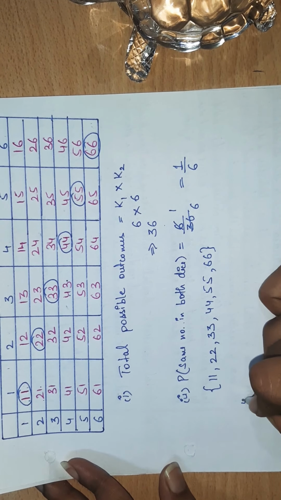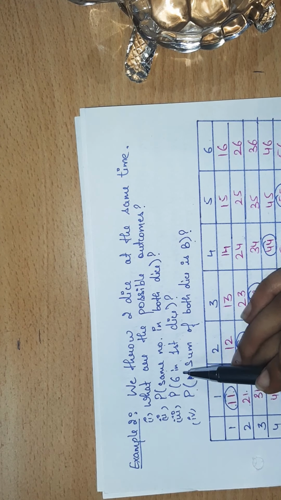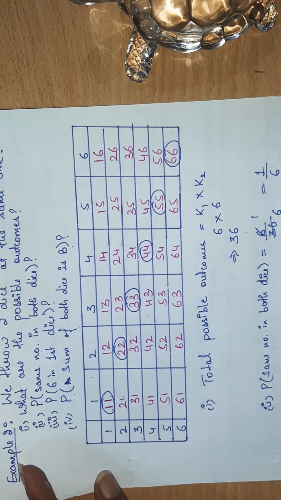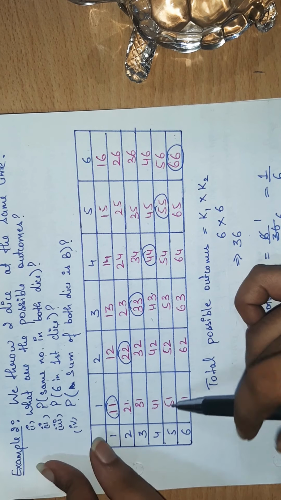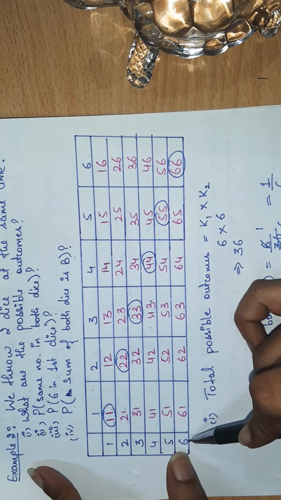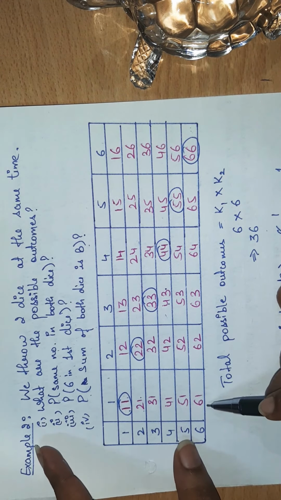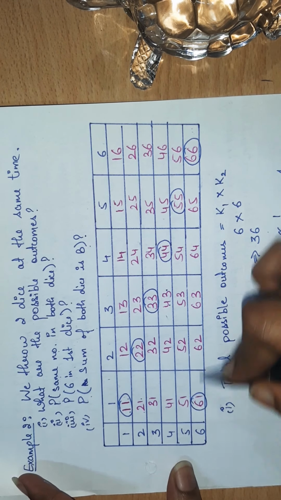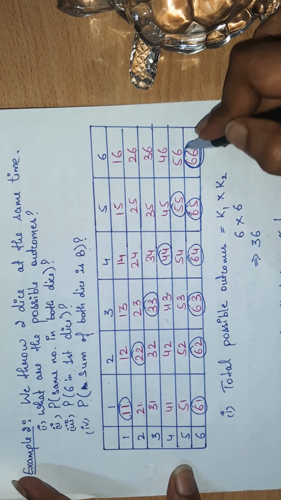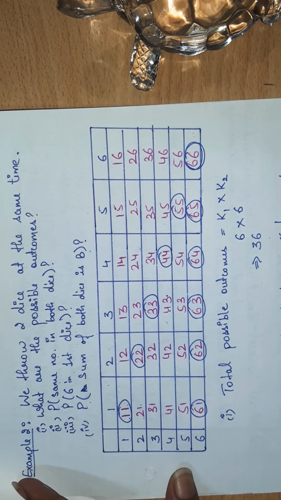So let's move to part 3 of this example, which is probability of occurring 6 in first dice. In the table you can see that we have assumed this to be the number of first dice and these to be the number of second dice. So we have 6 1, 6 2, 6 3, 6 4, 6 5 and 6 6, with 6 in the first dice.